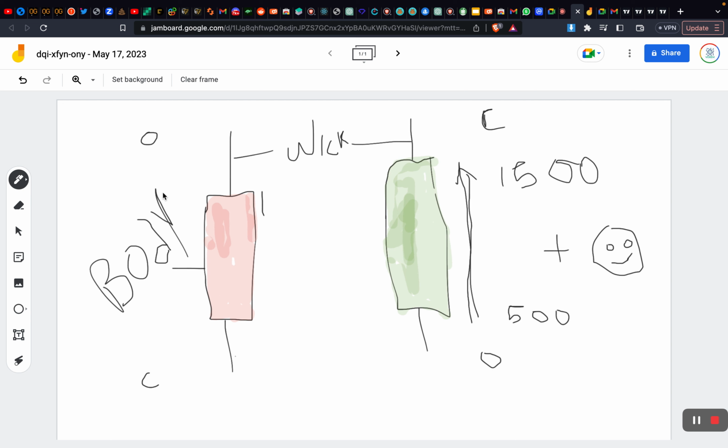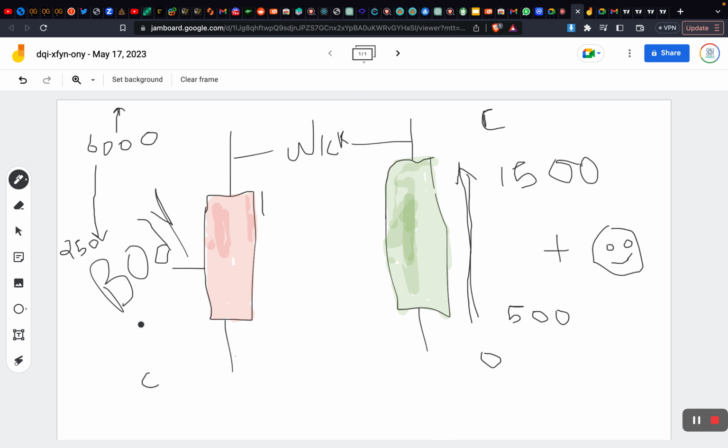So let's say you open your market on this day with 600 Ghana cedis, and instead of it going up like this, the 600 Ghana cedis start coming down, and then maybe you close with like 250 Ghana cedis.